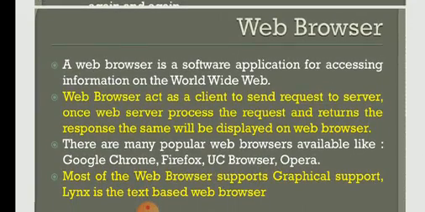Web browser: without a web browser we cannot access any web page. So a web browser is a software application for accessing information on the World Wide Web. A web browser acts as a client to send requests to the server. Once the server processes the request and returns the response, the same will be displayed on the web browser. So without a web browser we cannot access any web page or website.